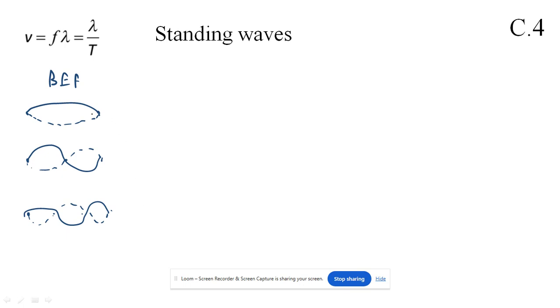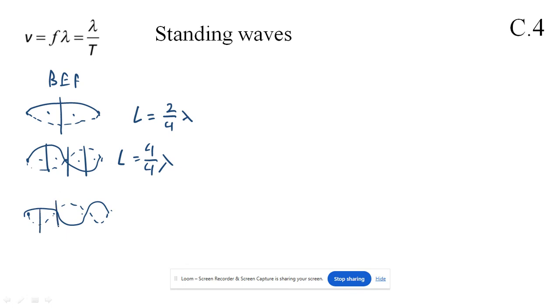And you can do these things. Remember, that's a quarter wavelength. So the length of this one is two quarter wavelengths. The length here is four quarter wavelengths, which is just a wavelength.